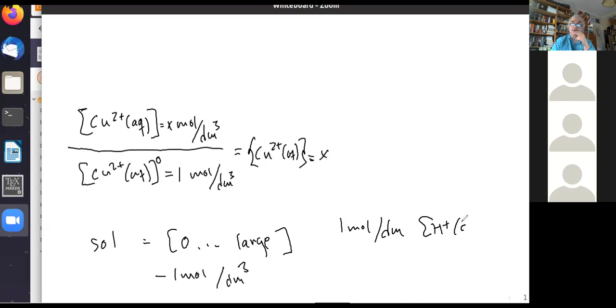hydrogen ions, then you could claim that this is negative concentration of hydroxide ions, because hydroxide ions need to be added at least 1 mole per cubic decimeter in order to get a neutral non-acid solution.